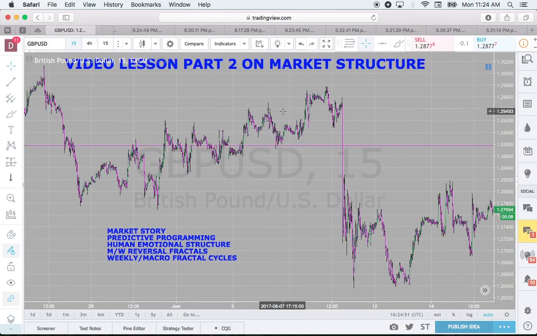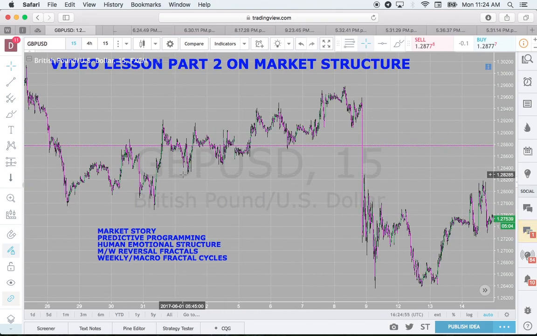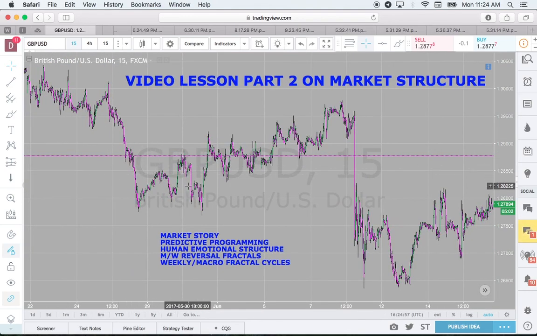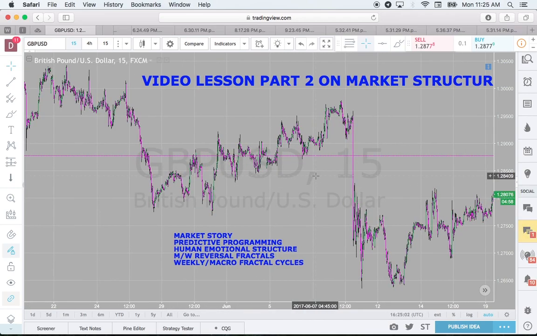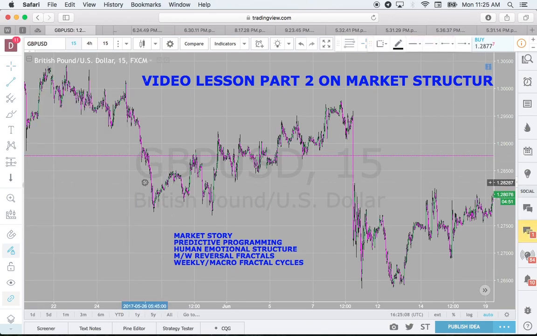So right now on the chart we can see GBP USD, Great British Pound versus the US dollar. And what I'd like to point out is this structure.